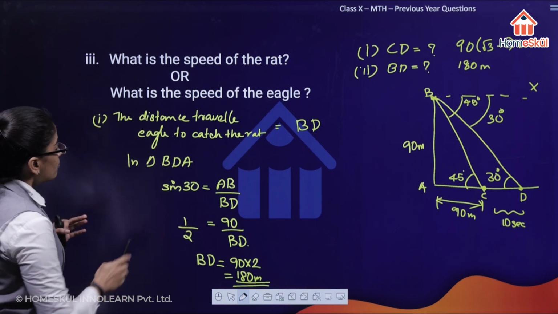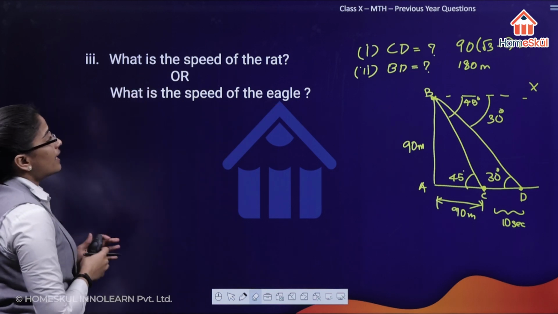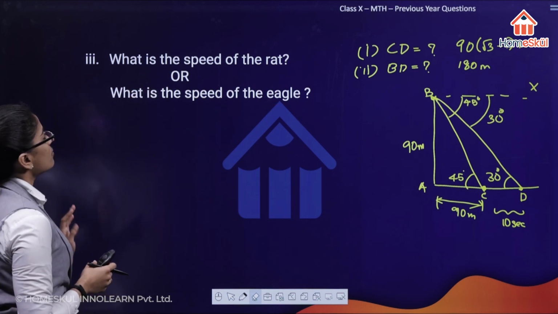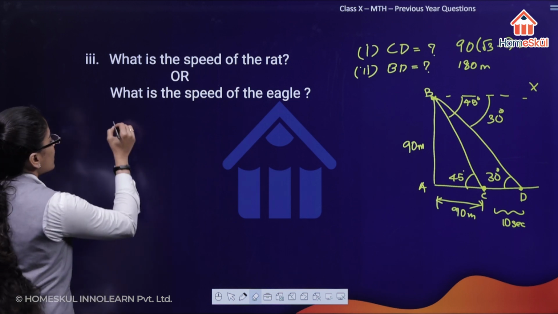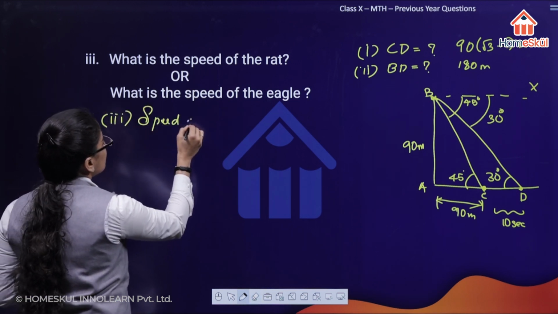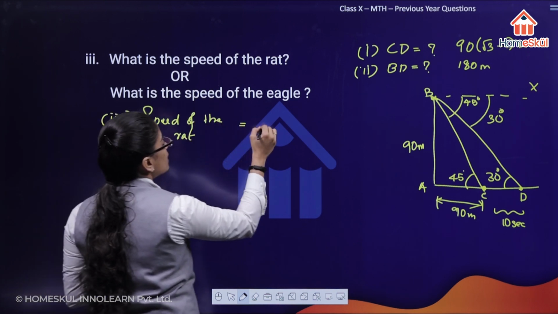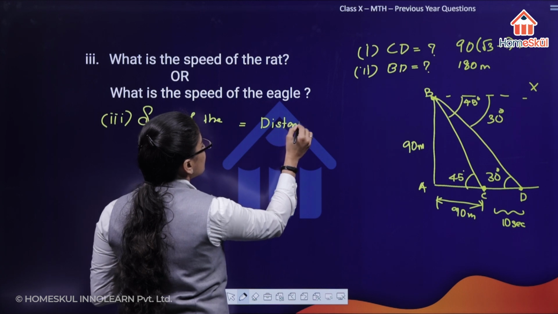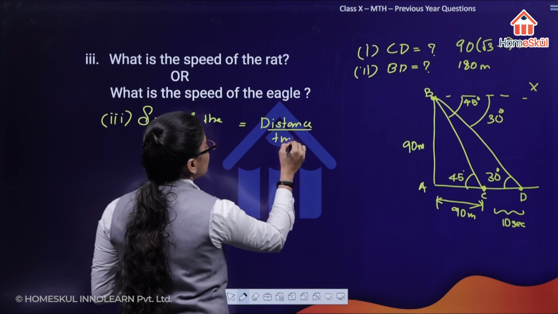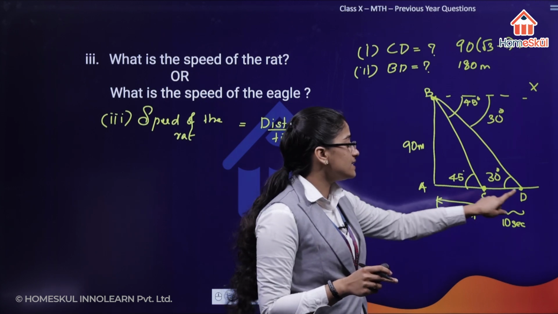Now moving on to the third sub question. Here we have a choice question. The first one: what is the speed of the rat? Speed is equal to distance by time. C is the initial point of the rat and D is the final point.